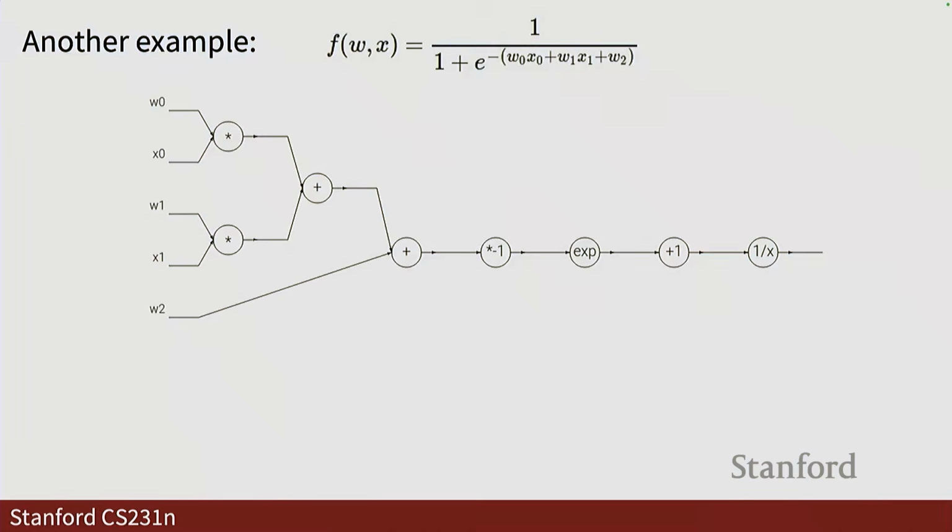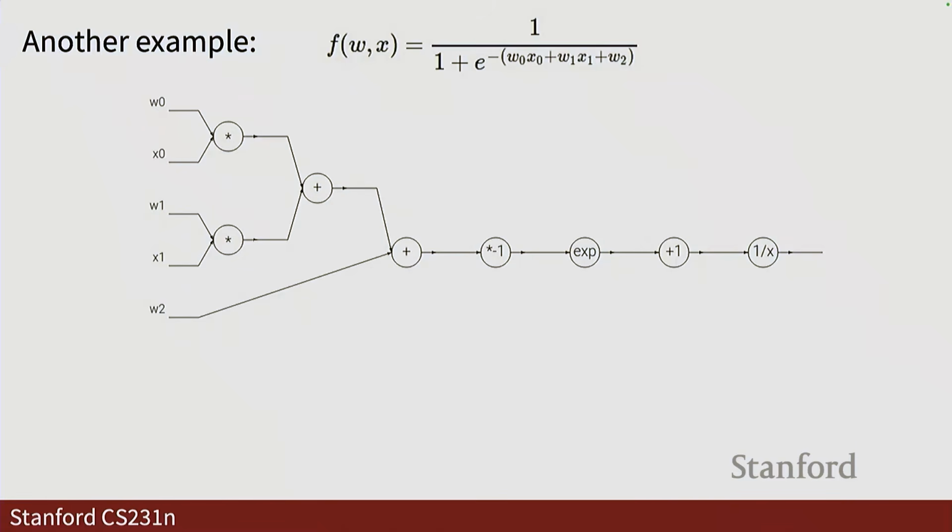Okay, another example. This is a little bit more complex function of weights and x, and we have 1 over 1 plus e to the power of a linear combination of x and w.